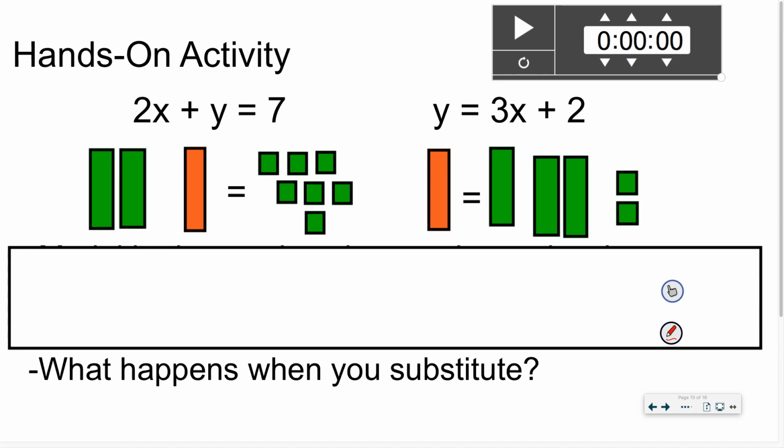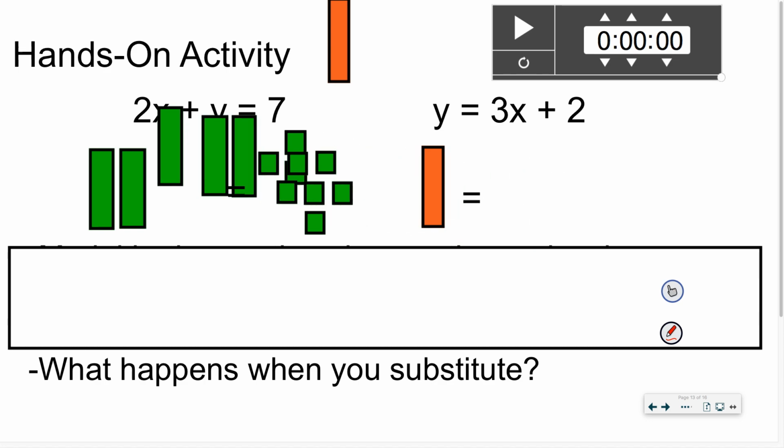The equation on the left tells me that 2x and 1y have a value of 7. And I also know that 1y has a value of 3x plus 2. I don't want there to be any y's in that equation, so I'm going to replace the y with something of equal value. What's the only other thing I can put in there instead of a y? 3x plus 2.